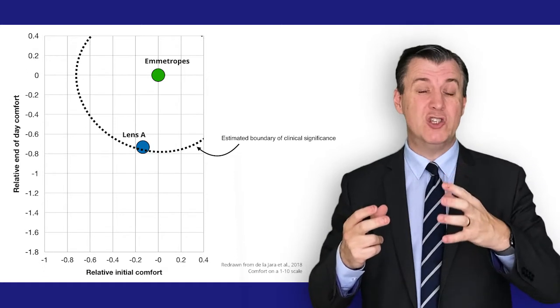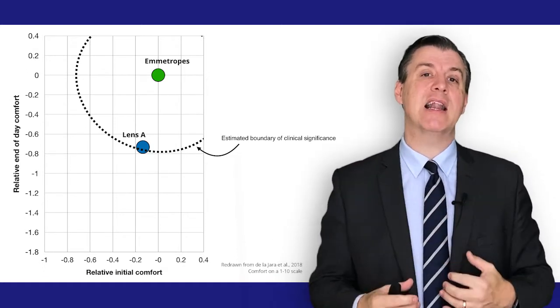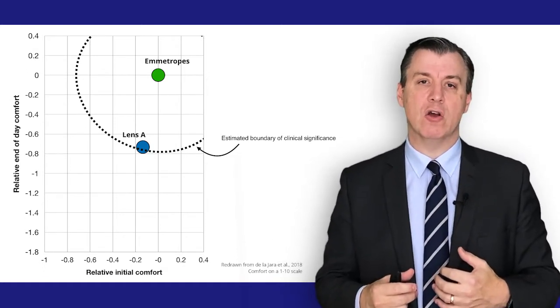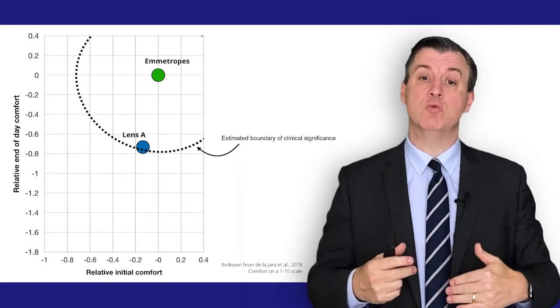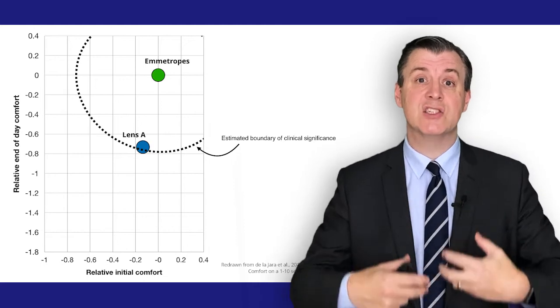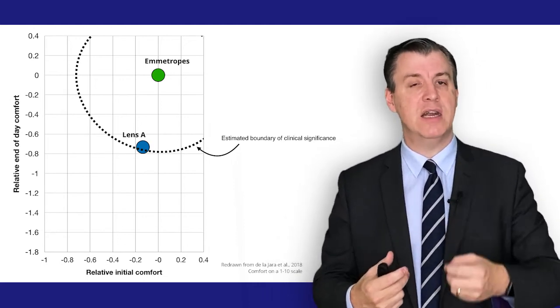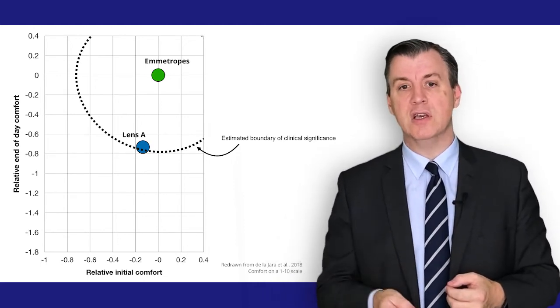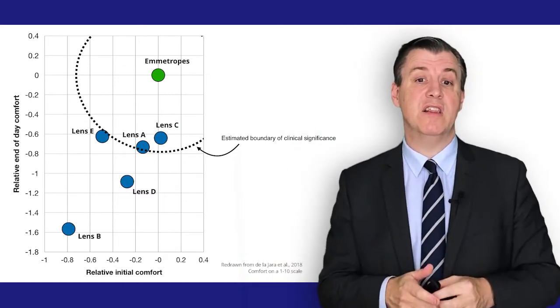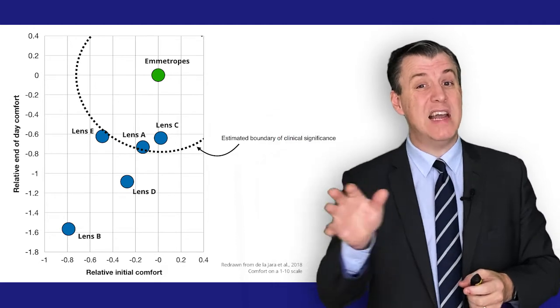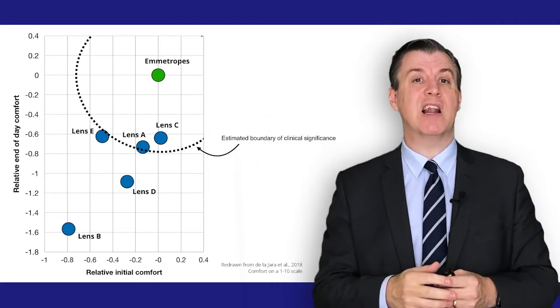So on average, this lens is just about clinically similar to people not wearing contact lenses, but that does mean that probably half of people using this lens would be noticeably less comfortable than if they weren't using contact lenses. And here are the other contact lenses that they examined. Again, one or two fairly close to this boundary of clinical significance.